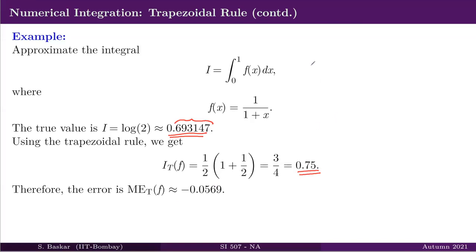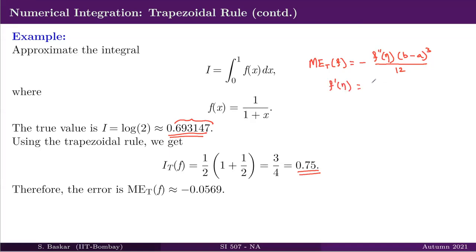If you recall, in the last theorem, we have derived the expression for the mathematical error as minus f double dash of eta into (b minus a) cube by 12, right? Let's compute f double dash of eta.